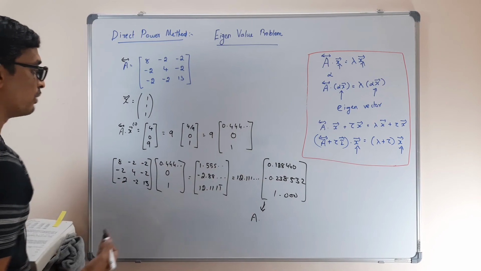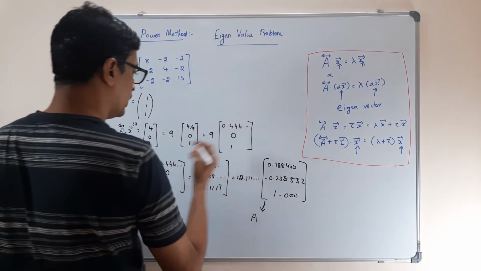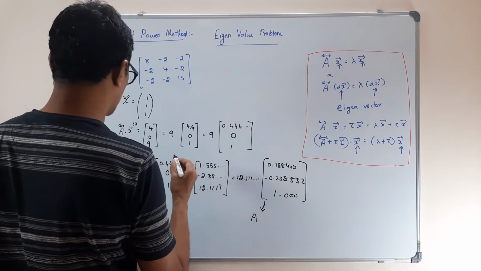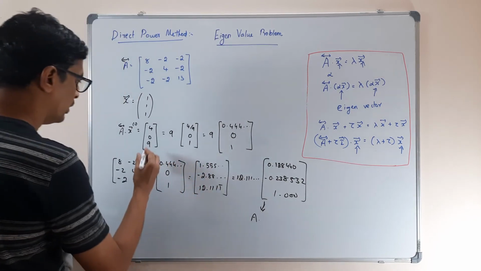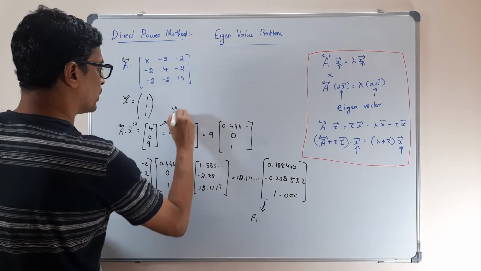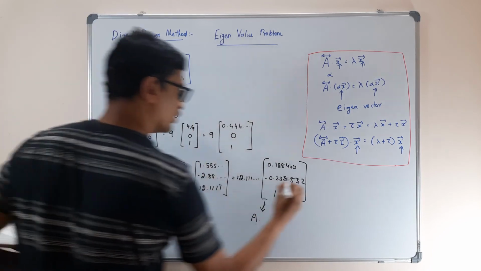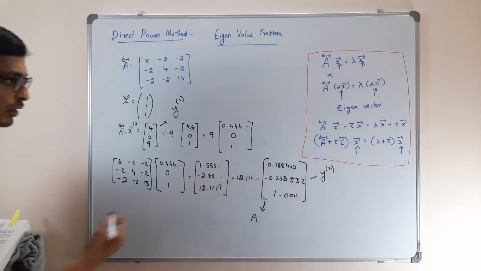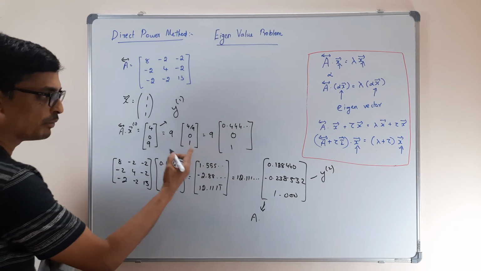If you remember what we did, this is our y of 1, and this will be our y of 2. As we kept on doing this, what is the element we are scaling?